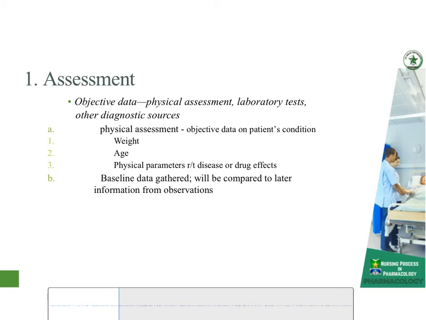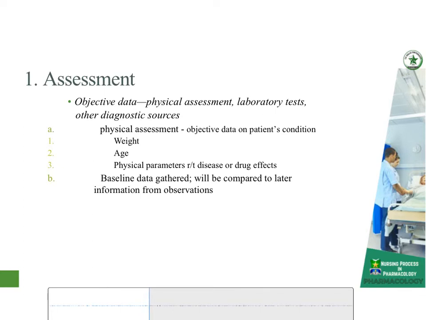Okay, we also have the laboratory test results and diagnostic studies. Okay, this provides baseline data that are essential for future comparison. So, you may have noticed that when we go to a doctor, we are asked for a preliminary lab result.